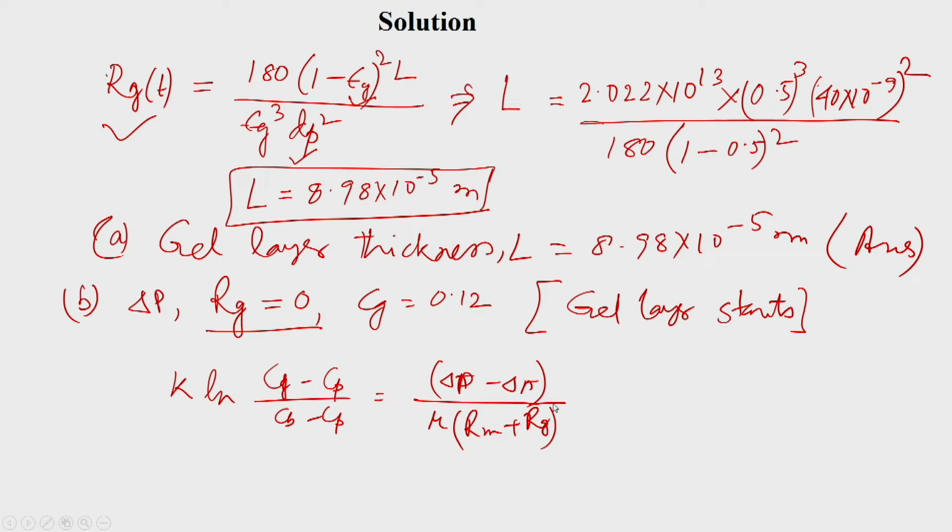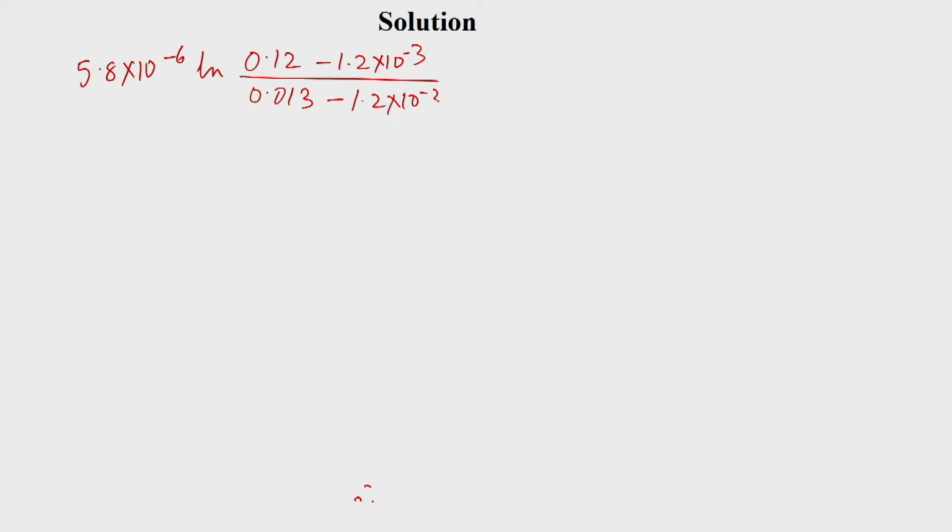Here R g is now 0, so we only need to find the delta p. For that case, k is 5.8 into 10 to the power minus 6, ln of (0.12 minus 1.2 into 10 to the power minus 3) divided by (0.013 minus 1.2 into 10 to the power minus 3), is equal to delta p, which we need to find, and delta pi is already there.